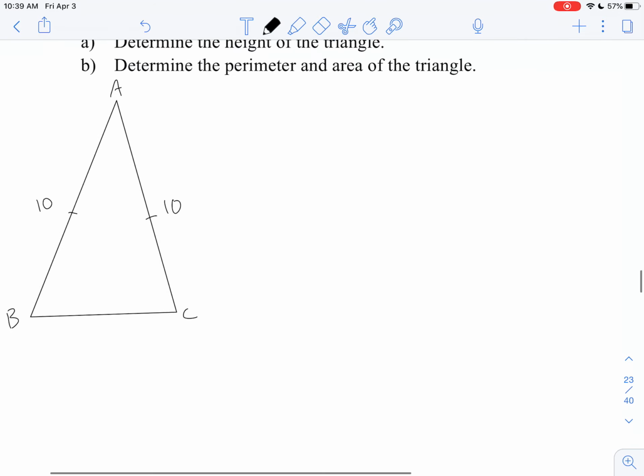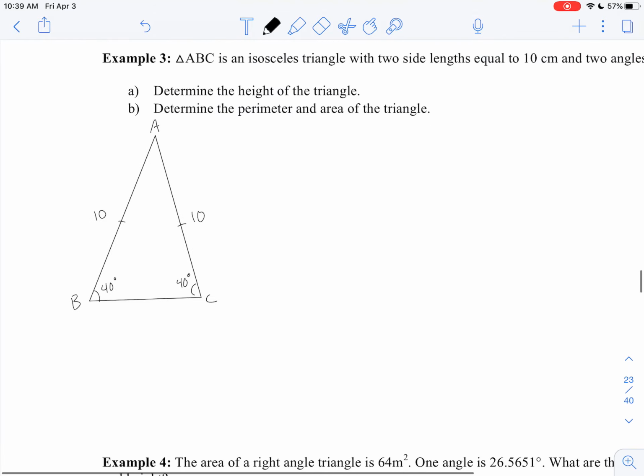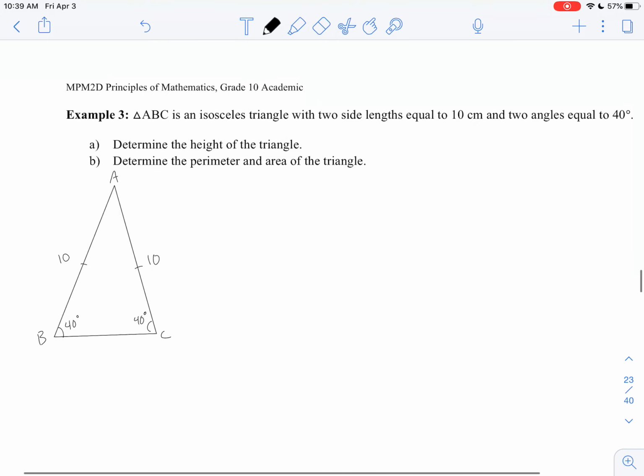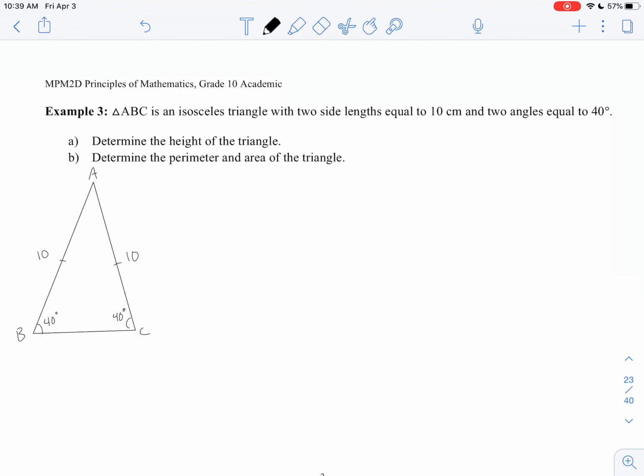If those two sides are equal in length, we know that the angles at the base of an isosceles triangle are also equal. So that would have to be 40 degrees. That would have to be 40 degrees. So there's an isosceles triangle with side lengths 10 and base angles equal to 40.